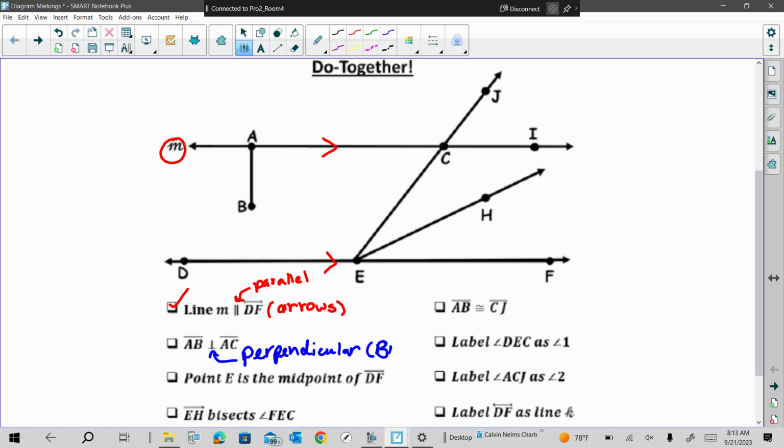I'm putting the word box. Okay, so AB, which is this segment here, is perpendicular to AC, which is this long segment here. So I'm putting the box right here at A. So we're going to check that one off. So to show perpendicular, we need to see a box to see right angles, because perpendicular means these lines intersecting, forming right angles.